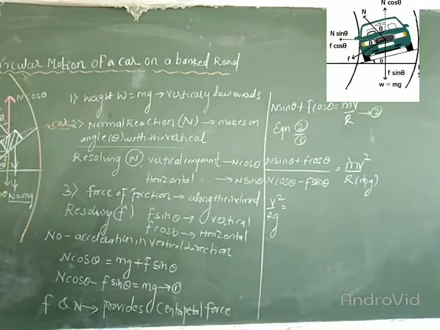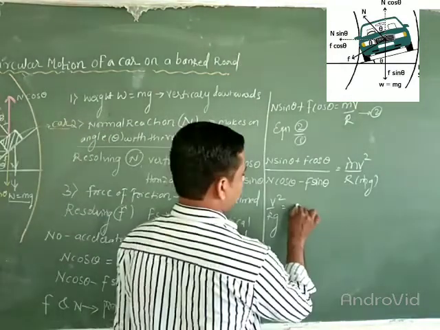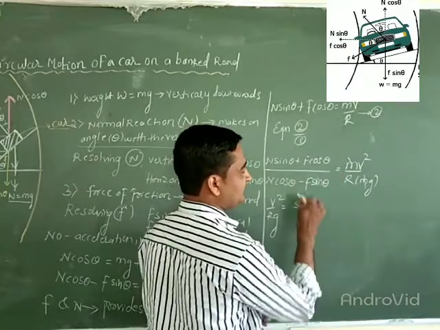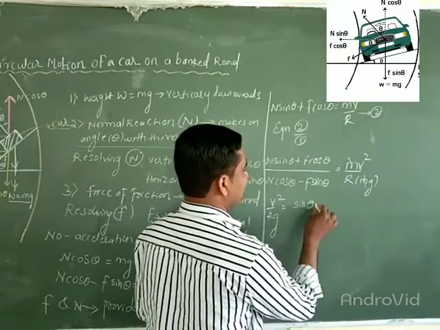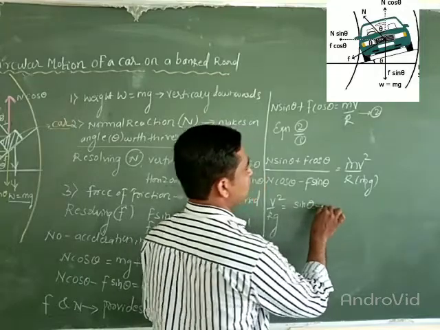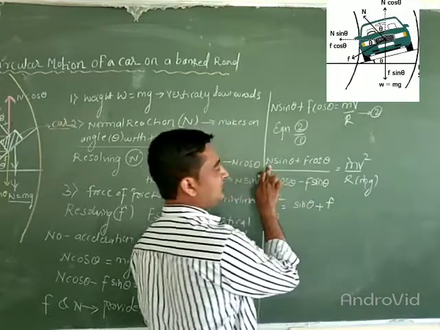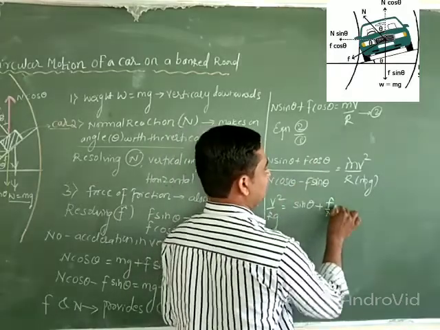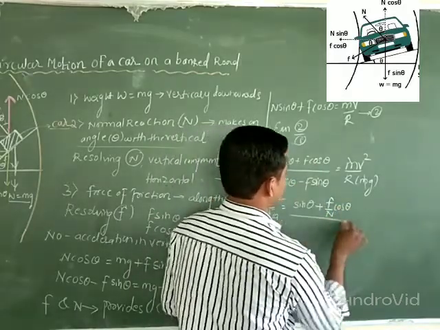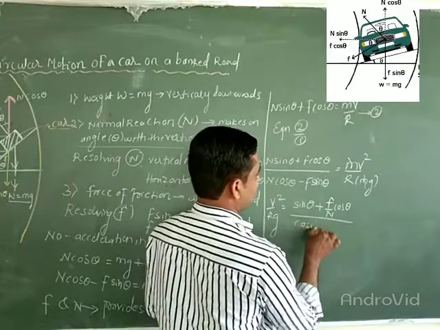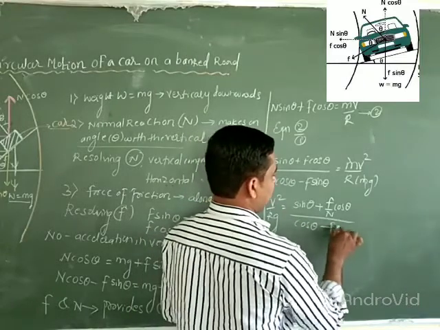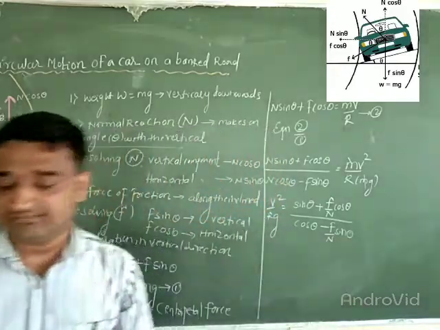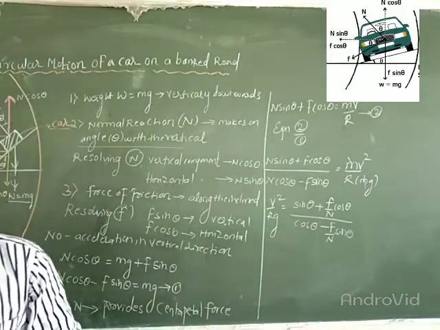So the next term we will get is sin theta plus F divided by N cos theta, divided by cos theta minus F divided by N sin theta. The whole numerator we divide by N, and the denominator also by N. Right? But what is F divided by N? What can we write there?